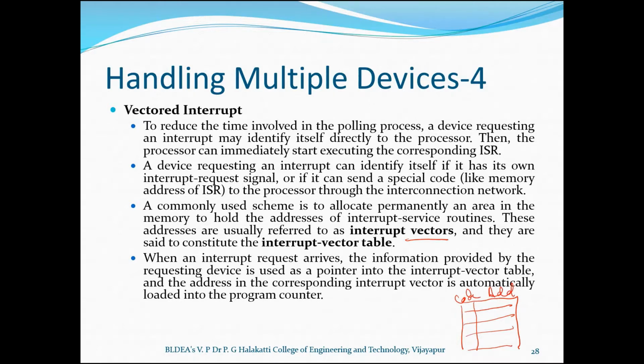For a particular interrupt service routine there will be a code, and this code will be sent by the device itself to the processor. So the processor will understand the code, and for that code there will be the address of the interrupt service routine that has to be executed.